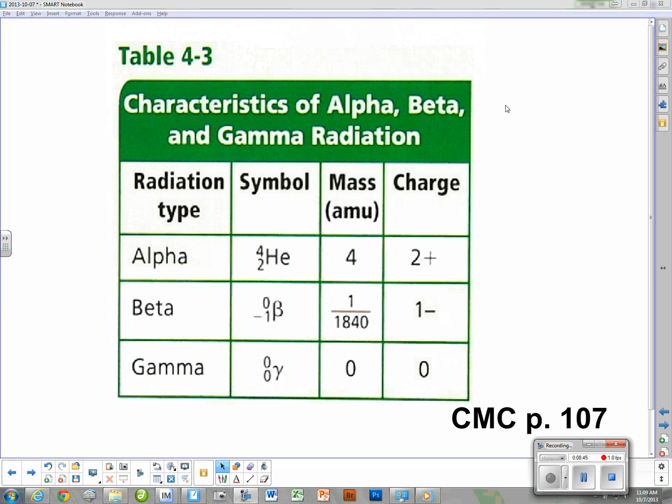This little chart is in your textbook, and you might notice the mass of a beta particle is really, really small, and literally for a gamma particle there is no mass, which is why you see the 0, 0 for the mass number and for what we used to call the atomic number if we're talking about a normal atom. But these guys are different kind of stuff. So this doesn't really mean it's a negative proton. It's just a charge, okay? And we'll see how that comes to play in the nuclear equations because they balance really, really differently.